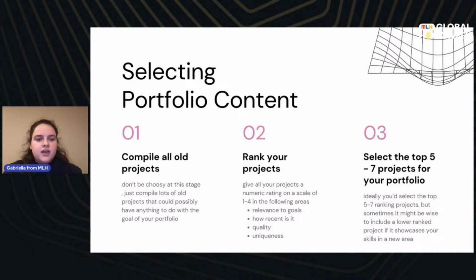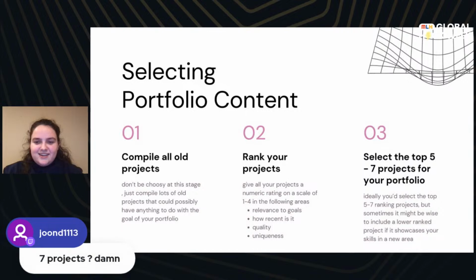And also, if you find that the projects in the top 5 or top 7 are very similar, like I mentioned earlier, 5 projects that are essentially doing the same thing, but just with different data, or something that's transferable to your particular tech stack, you might want to pull in a lower ranked project to add a little bit of diversity to your projects, to add a little bit more of that conversation factor. But you want to be cognizant of the quality and how long it's been. So that goes case by case when you're selecting this portfolio content.